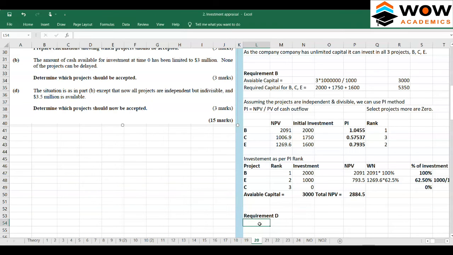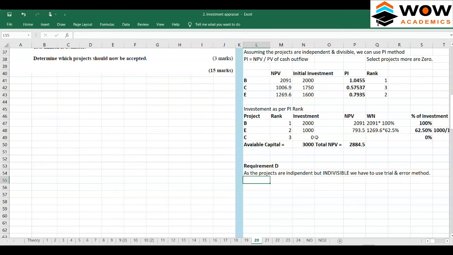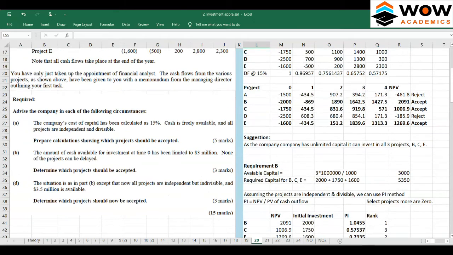As the projects are independent but indivisible, we have to use the trial and error method, right? That is what we have to do. The trial and error method is very simple. We will just get the NPV table, the project NPV table.